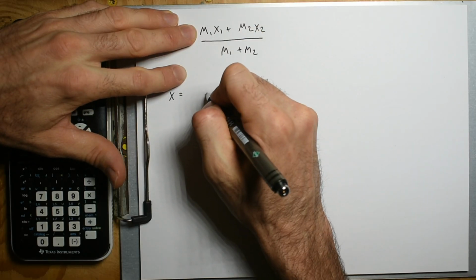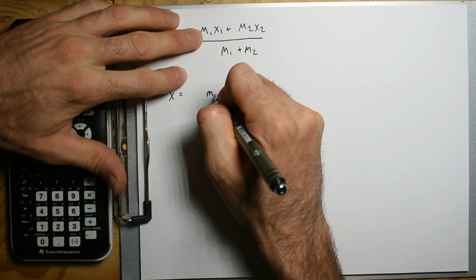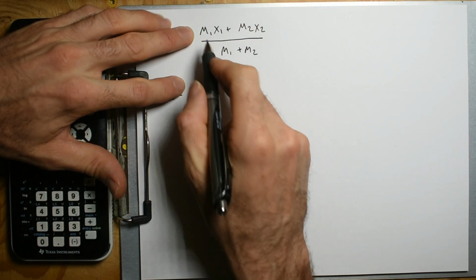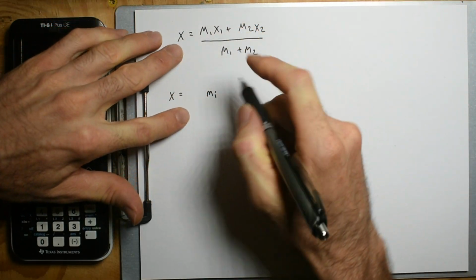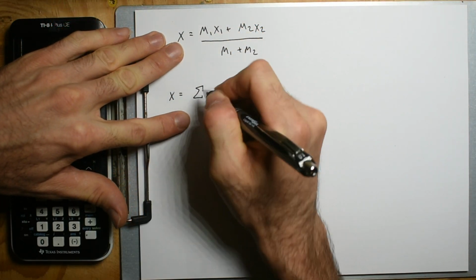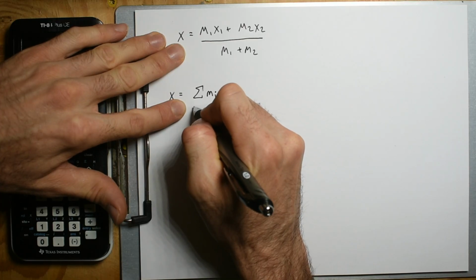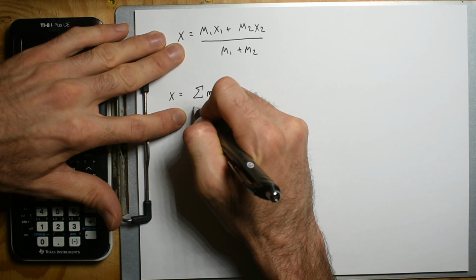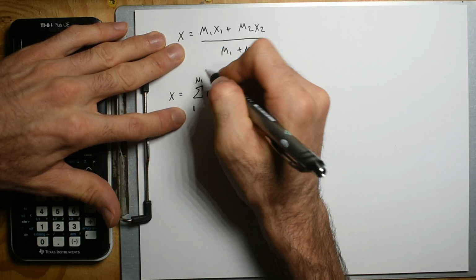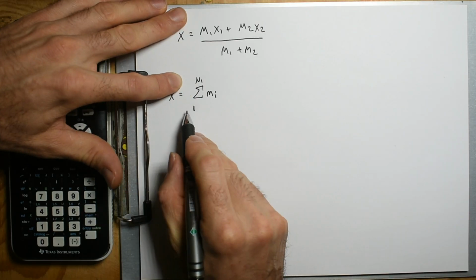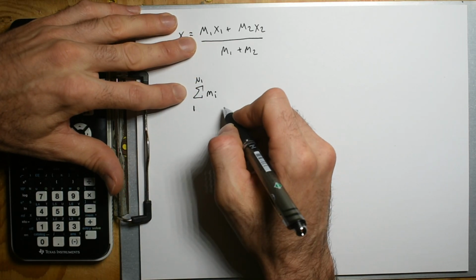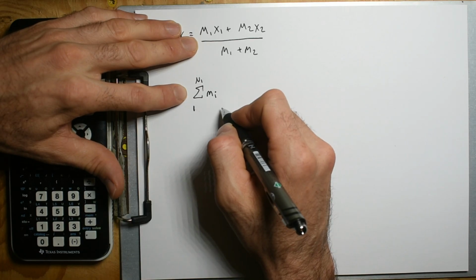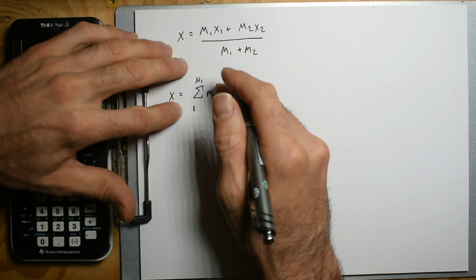So this is going to be mi. This term right here, all we're doing is just focusing on literally that term. This term is the summation of, and I'll just do 1 to n1, and just know that this is particles i. So that's that term right there.